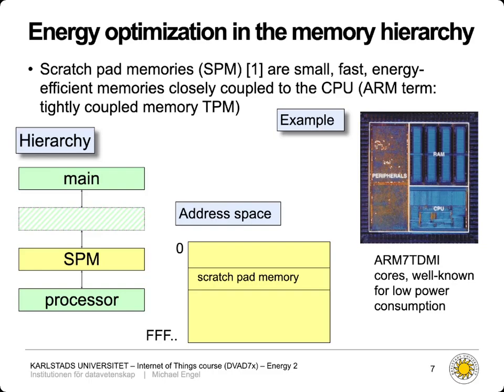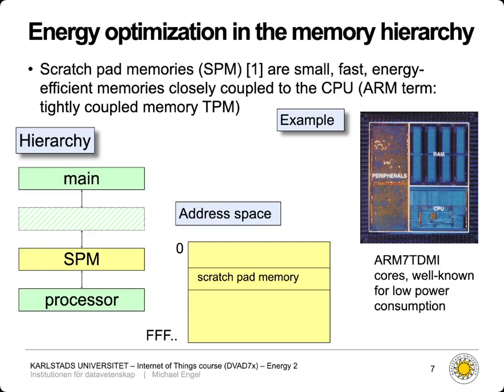Caches are not visible in the address space. So a cache is what we say is transparent to the CPU. The CPU always loads a value from an address, and if it happens to be in cache, then this value is loaded fast. And if it's not in cache, then you get a cache miss, and then the CPU has to go to main memory and look for the value there.